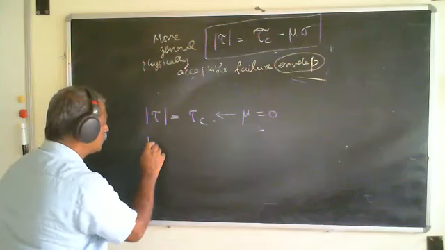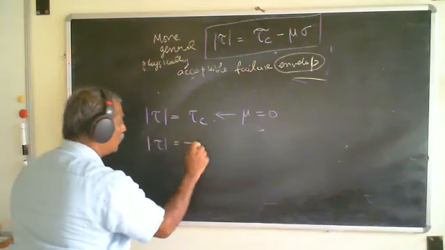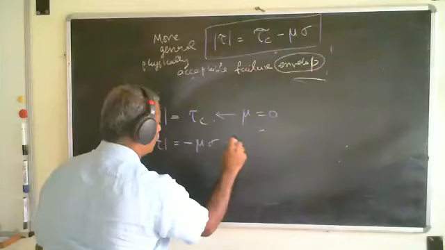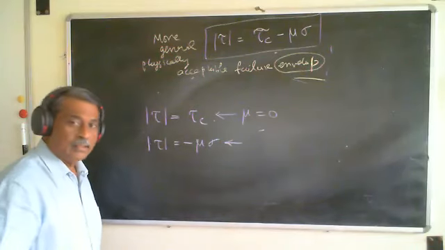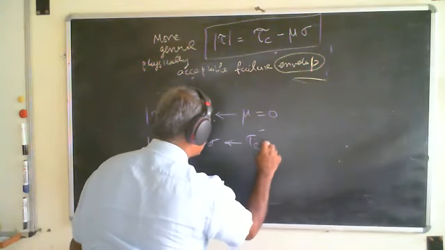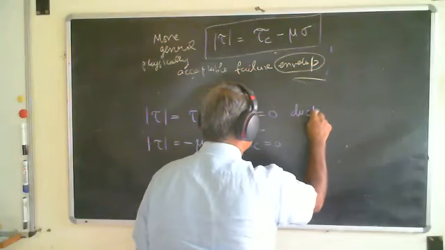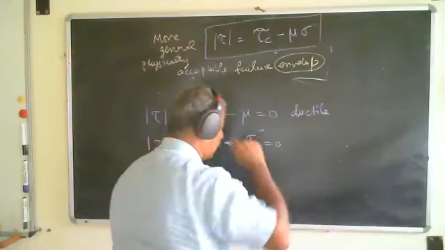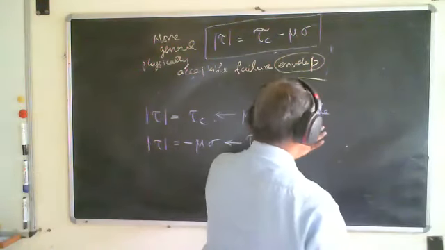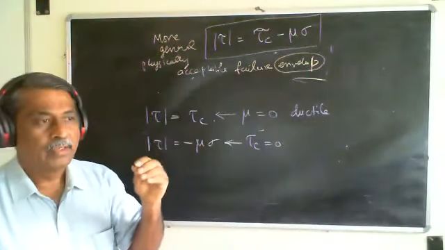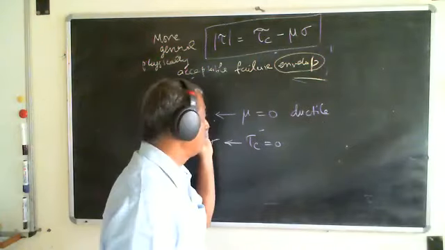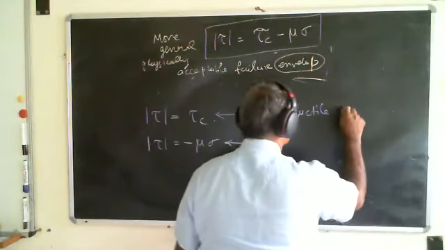How about this? Minus mu sigma. This is simple. If I take tau c equal to 0, so this is ductile. I'm saying ductile material, but most metals behave like this. So ductile metals.